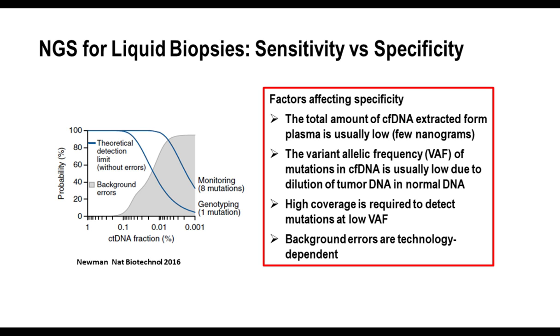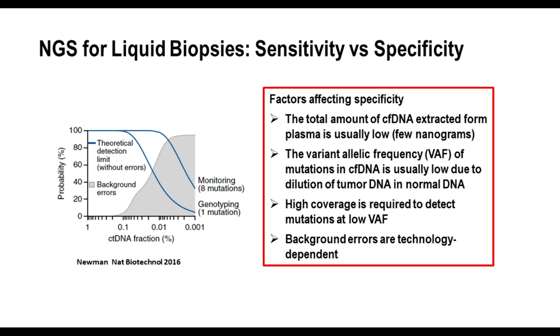Well, as I introduced, the allelic fraction of mutation involved is usually very low. And for this reason, we need to push the sensitivity of our target sequencing pattern. And when we push the sensitivity, we fall in this gray area in which background errors increase. And so in this area, it might be difficult to distinguish between a true mutation and the sequencing artifact.